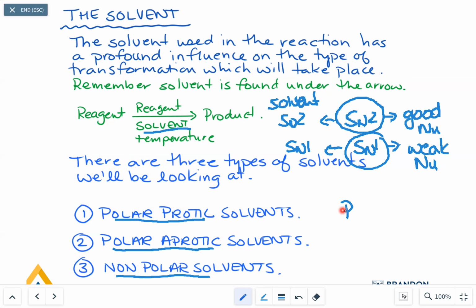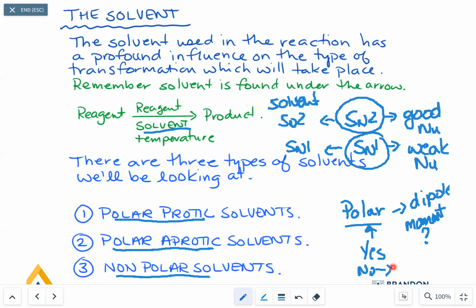Okay, so the polar part is: does the solvent have a dipole moment? Yes or no? Yes, it is polar. No, it is non-polar.